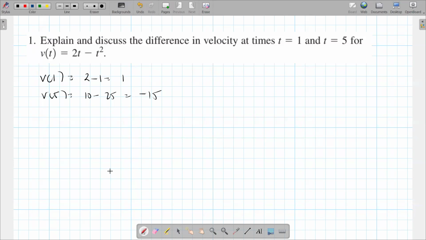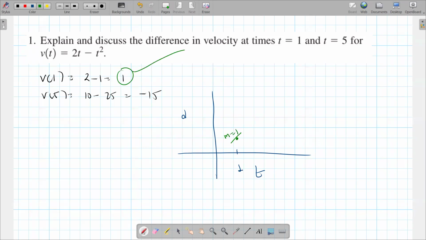What does this mean? At time 1 second, the velocity is positive, right? Velocity is the slope of the displacement curve. So at time 1 on the displacement versus time curve, we don't know what it looks like, but we know that at this point, the slope is 1, and that's what this is.